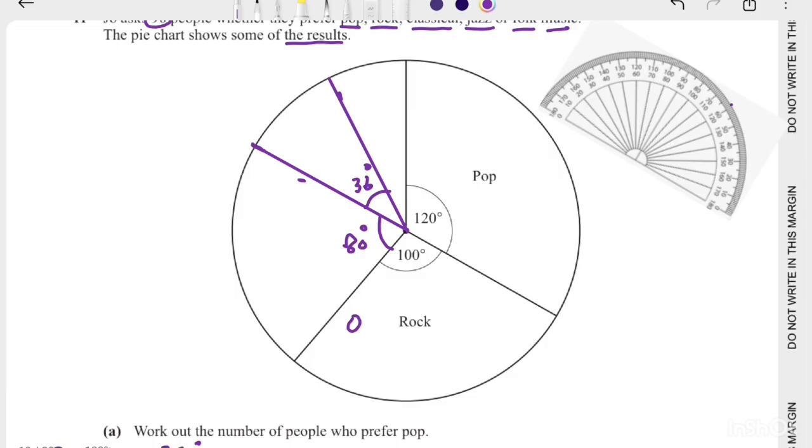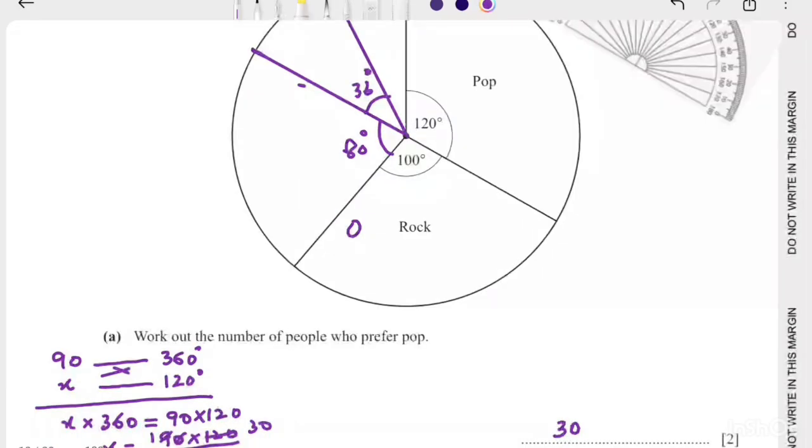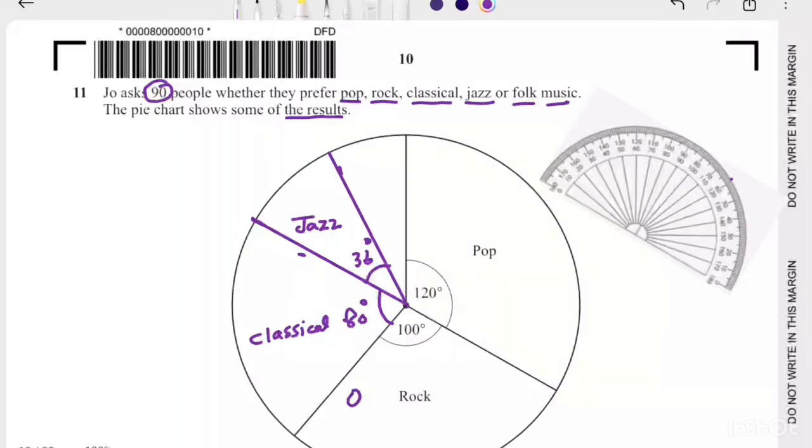Now this is the sector of classical, and this is the sector of jazz. Now the remaining would be the sector of folk.